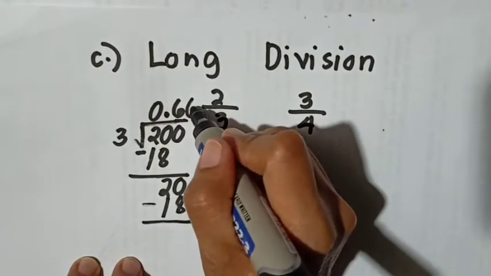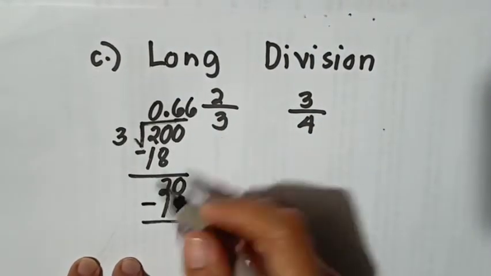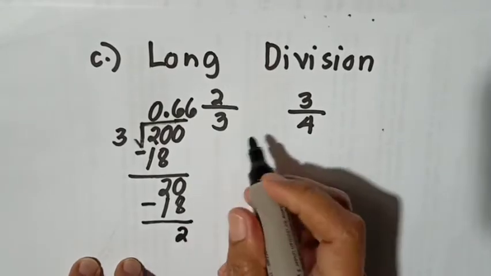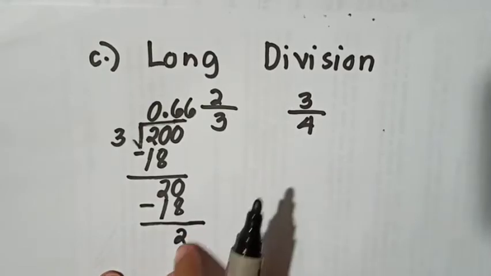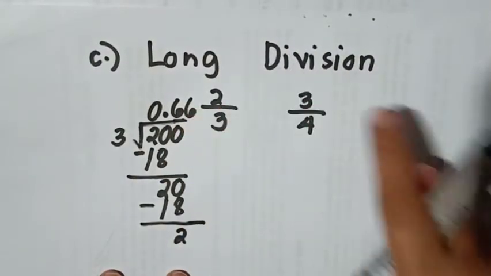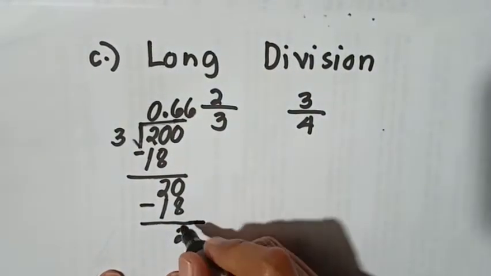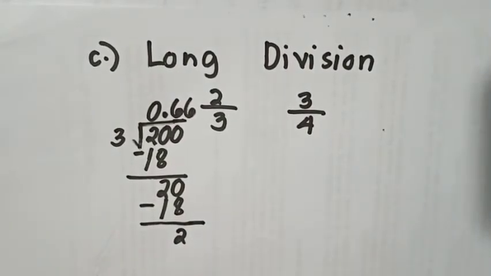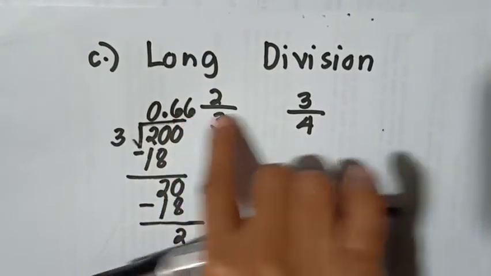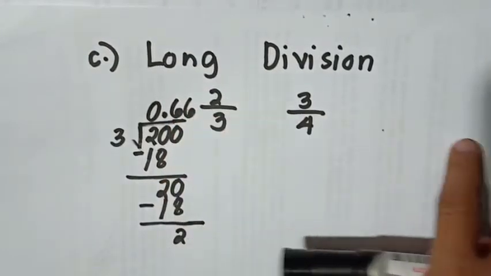When you multiply back, of course, it's 18, and when you subtract, it's 2. Actually, this is continuous. This is infinite, or unending, when you keep on putting 2 and then bringing down 0, 0, 0. This is endless.